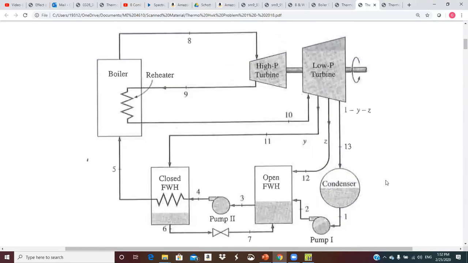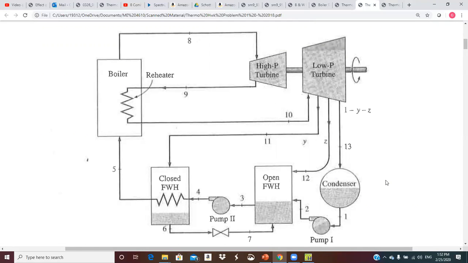And so there's the picture. The state numbers are listed. 8 is high pressure steam. Yeah, you just put them on there.